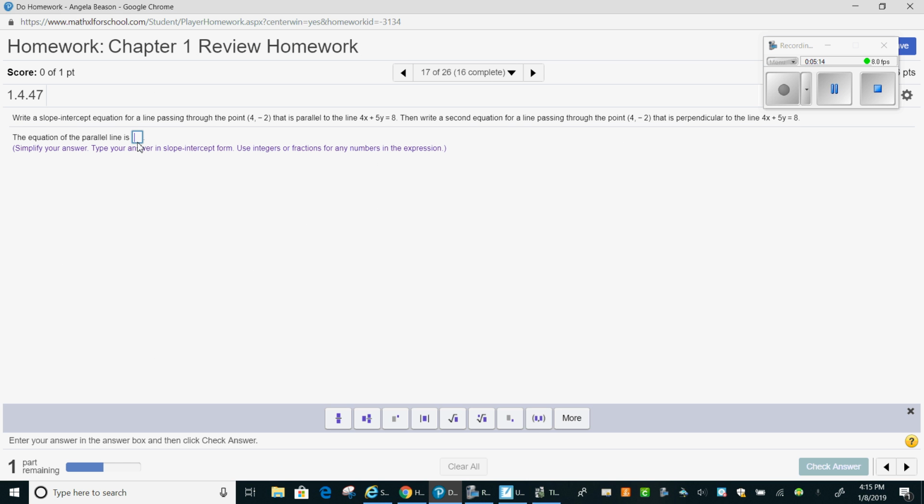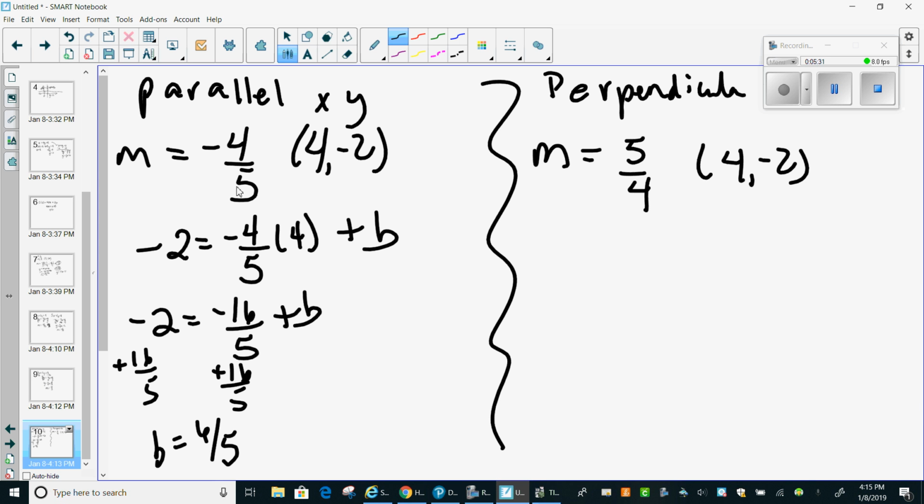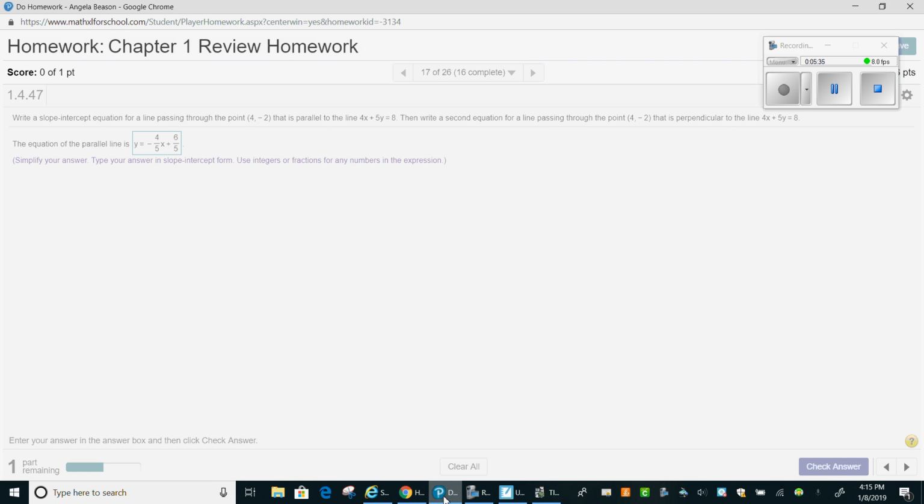So the equation of the parallel line would be y equals negative 4/5 x plus 6/5. Let me go back and make sure I picked those numbers up right. Negative 4/5 x plus 6/5. That's right.